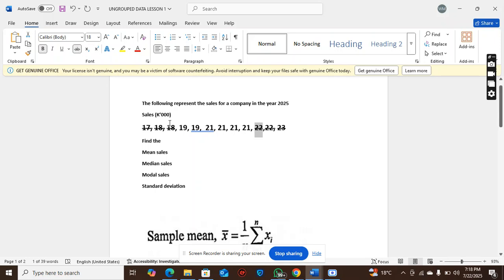So you use this method when your data set is a small amount of numbers. Then I'll show you the other method if you've got a lot of numbers.